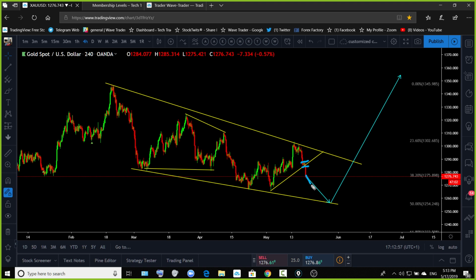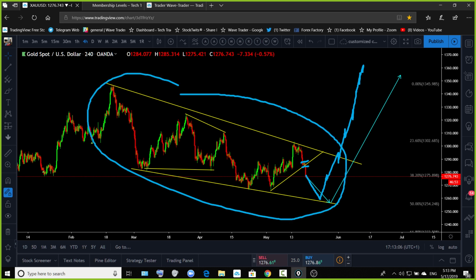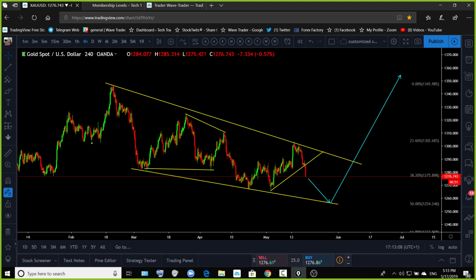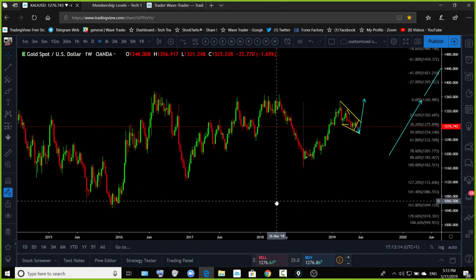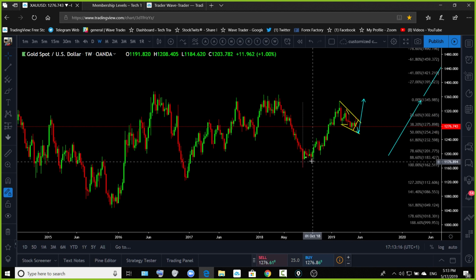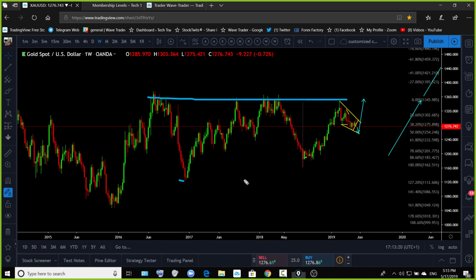This to push more lower and then go higher again. This wedge to break up for one more up move. It is very similar to last week. That wedge to break up and go higher for one more up move, and this bigger weekly triangle.